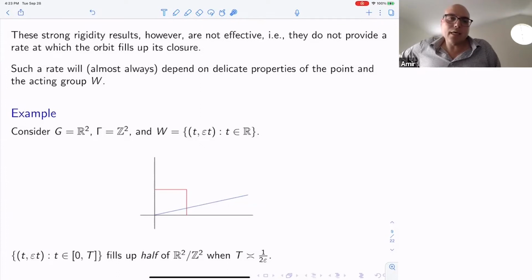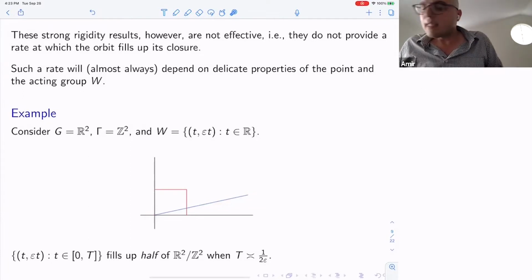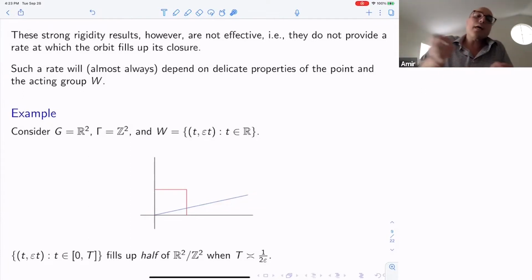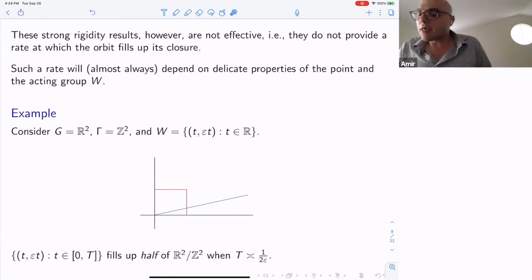I wanted to write an example which is continuous, a connected example. So take the two torus, leaving the one torus, and then you look at a line. Now, depending on the slope of this line, when you take the quotient and go to the torus, you probably need to wait a long time to see that it becomes equidistributed.